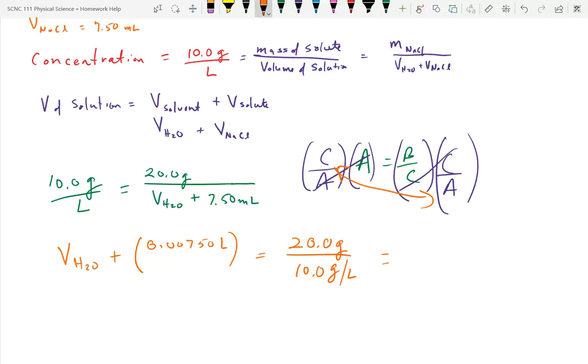That's 2. So I have my volume of water plus 0.00750 liters is equal to 2.00 liters. There's one last mathematical step. What's that last step?